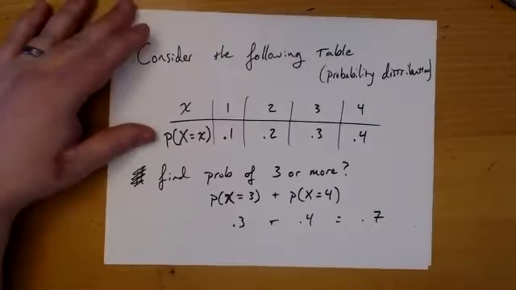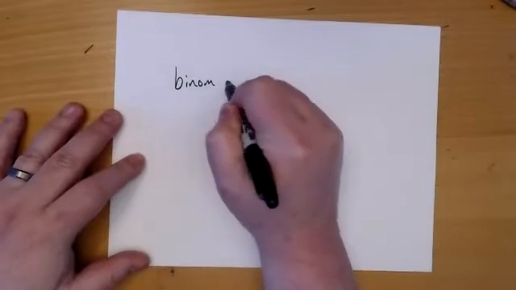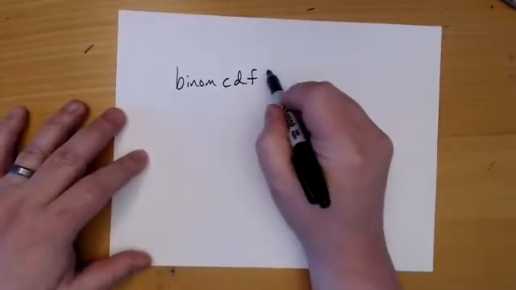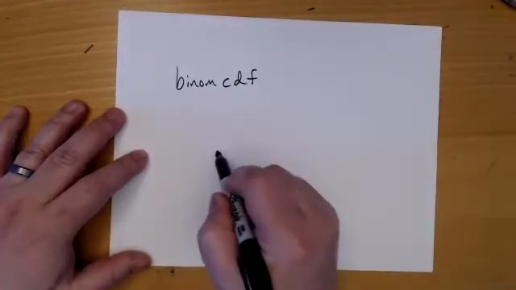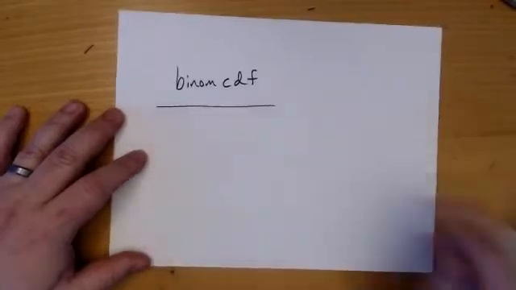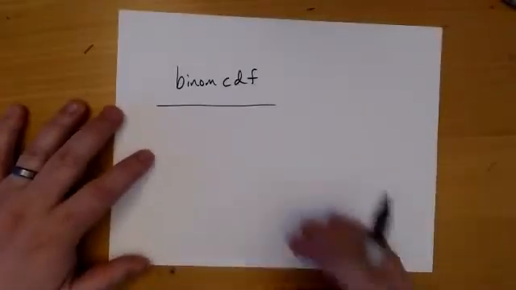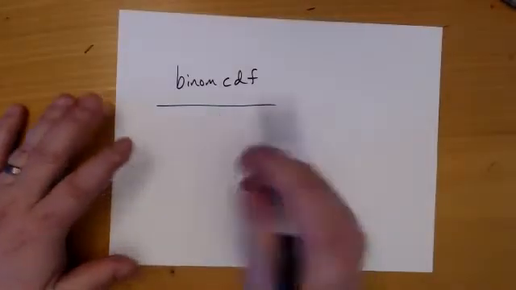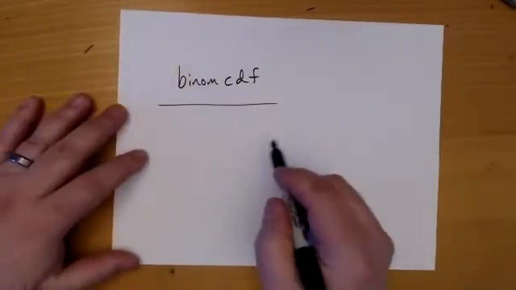And so I want to draw everyone's attention to the command Binomcdf. Now, if I wanted to say, for example, using this table just to keep the math simple, and obviously this is so simple that we don't really even need the calculator for it, they're adding single digit numbers.